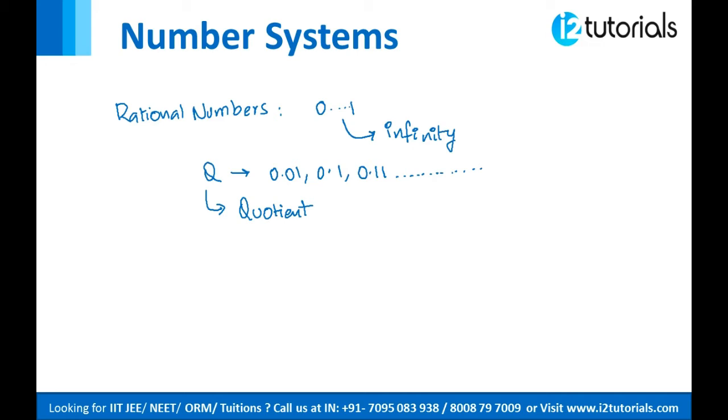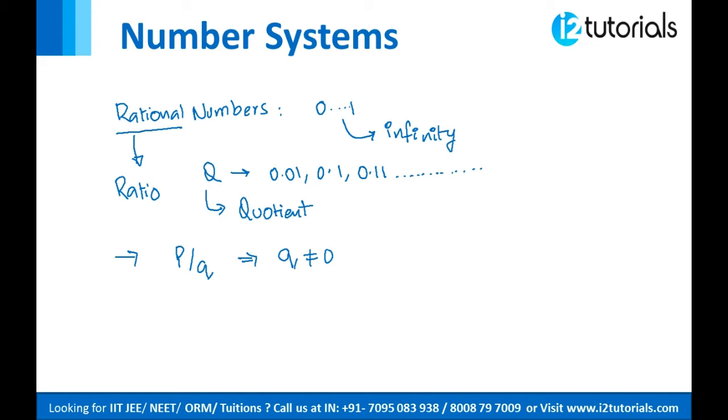Rational is a word picked up from ratio. A rational number is always denoted in the form of P divided by Q, where it is always assumed that Q is not equal to 0.